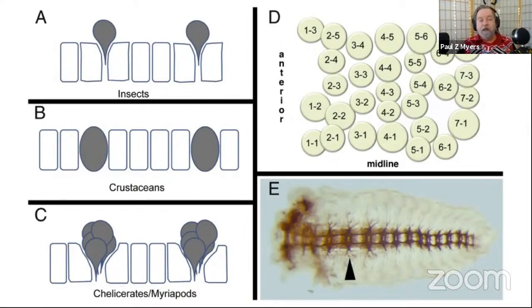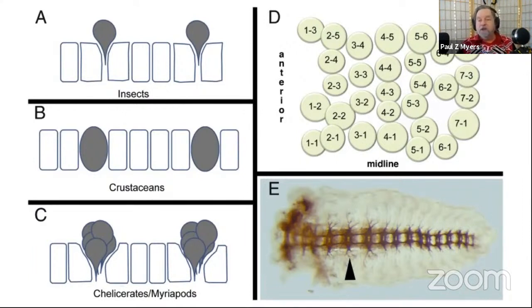Spiders are more like the insects in that they do delaminate, but they don't delaminate as single neuroblasts that move in. They form these grape-like clusters of multiple neuroblasts that come out all at once to form the nervous system.